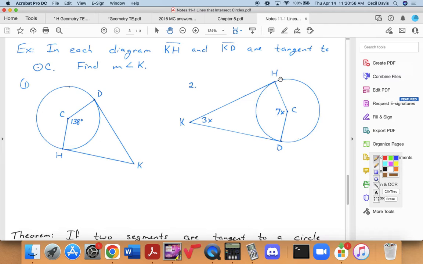So let's take a look at these two examples. They look like gnomes. Muriel, my favorite garden gnome.